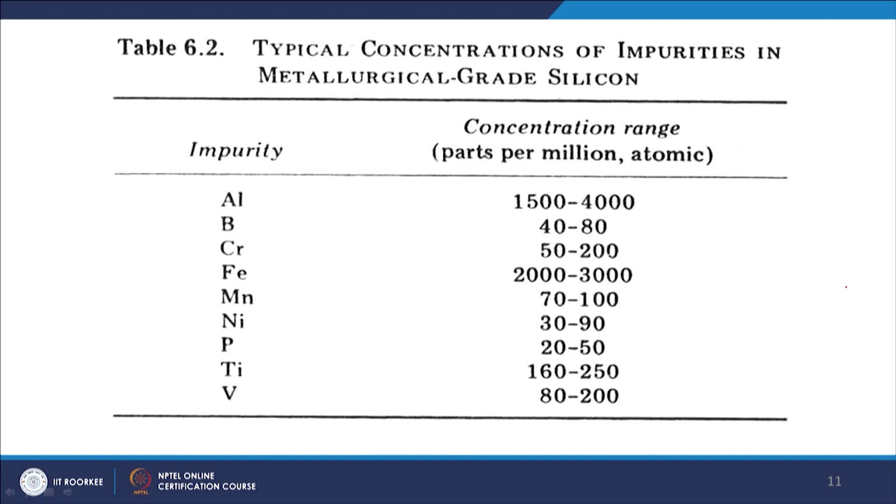The aluminum concentration in metallurgical silicon is quite high, 1500 to 4000 ppm, whereas the iron content is also very high, 2000 to 3000 ppm. The next important impurity is titanium, at 160 to 250, and there are also boron, chromium, manganese, nickel, phosphorus and vanadium.